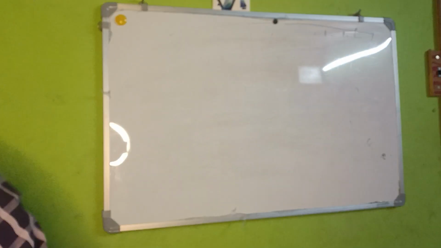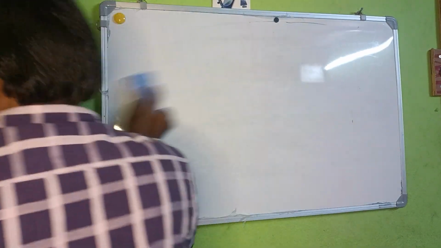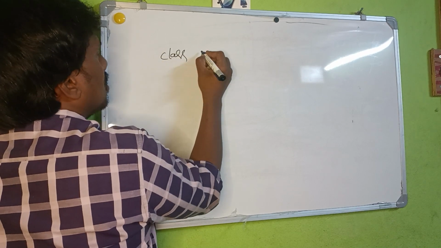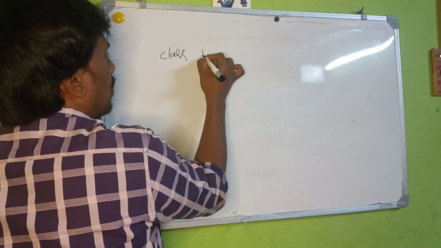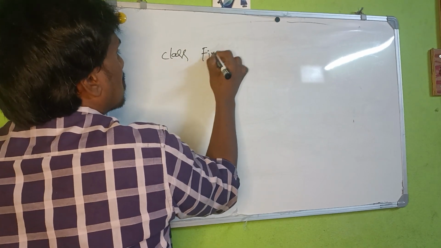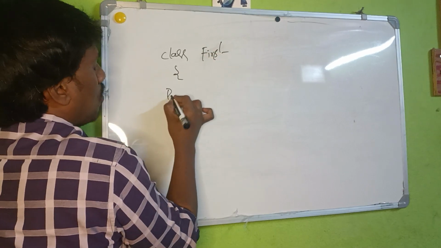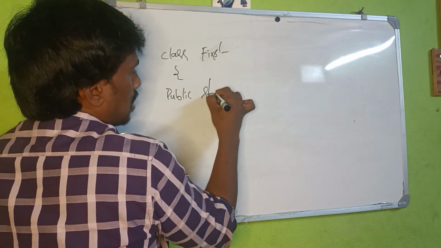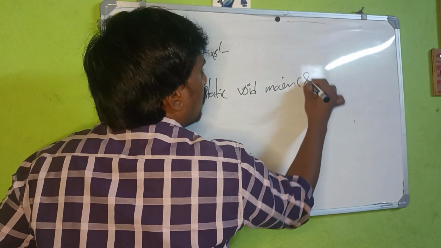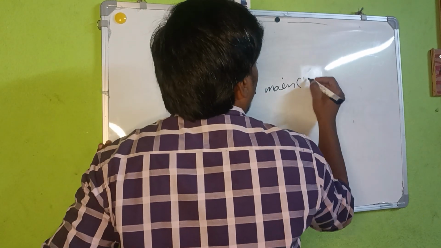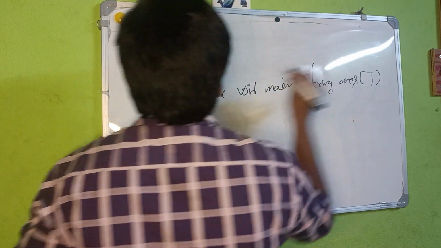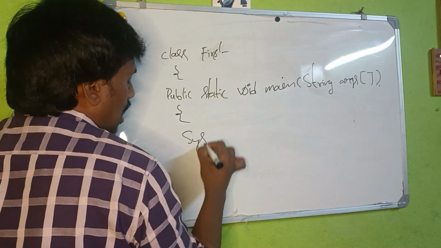Listen. Suppose I write a file like this: class, then public static void main, String capital S args, then System.out.println.